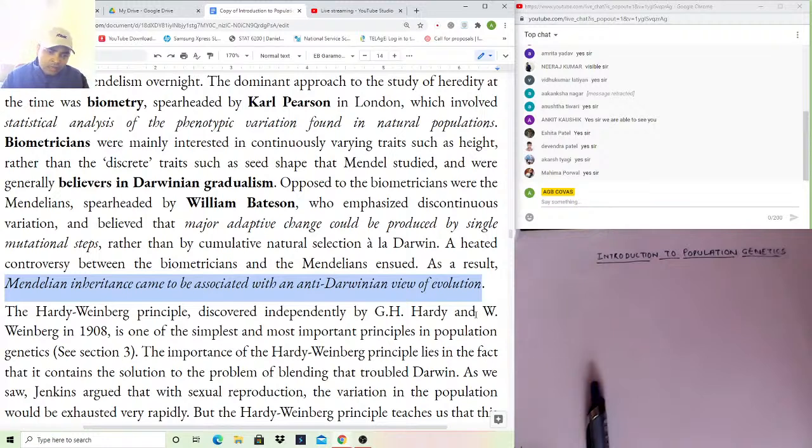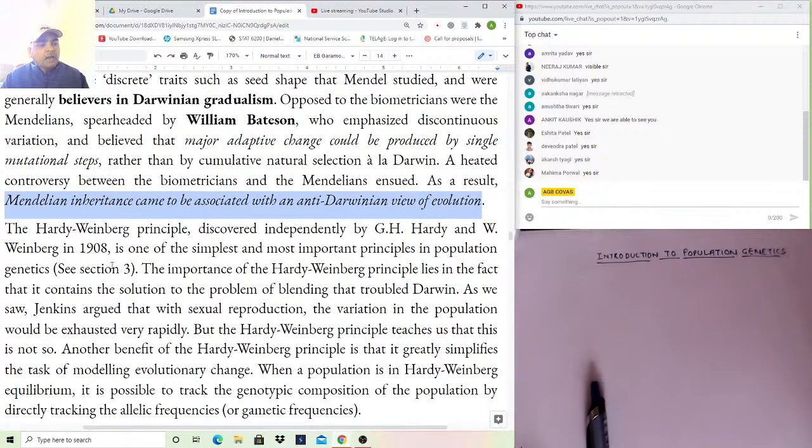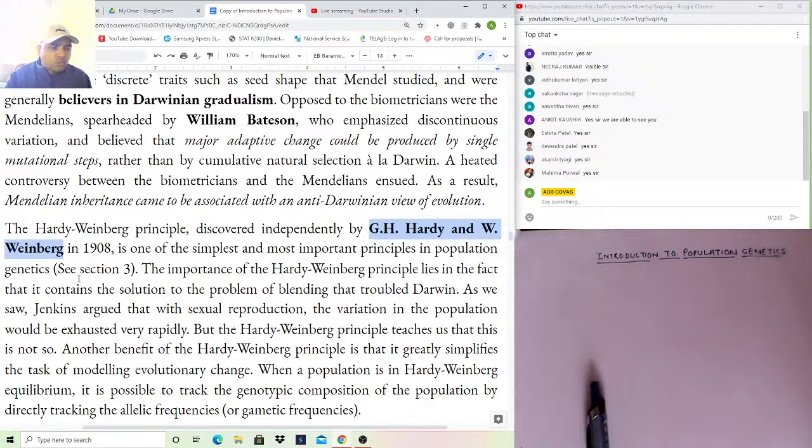Now, in the year 1908 the Hardy-Weinberg principle was discovered by G.H. Hardy and W. Weinberg. These were two independent scientists who discovered the Hardy-Weinberg principle in 1908, and it is one of the simplest and most important principles in population genetics.